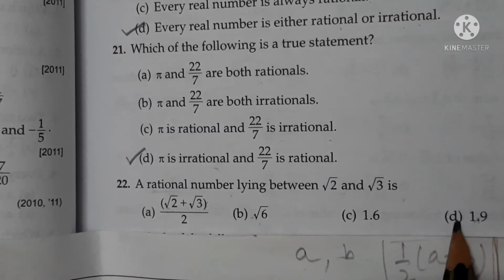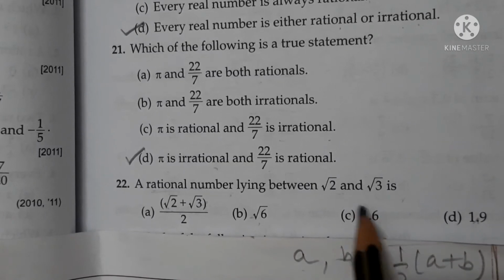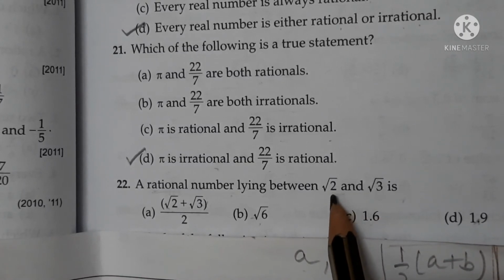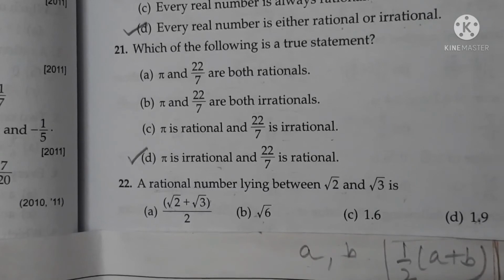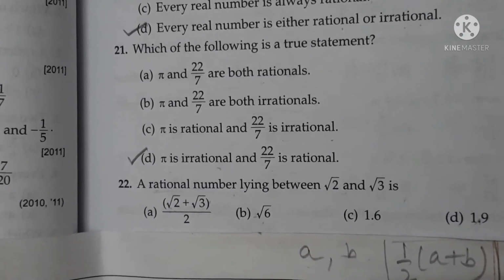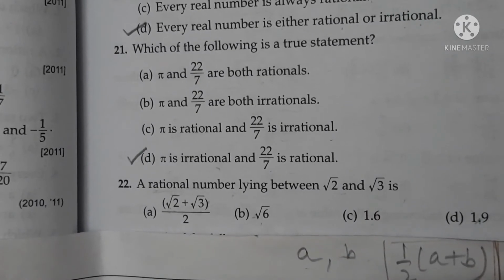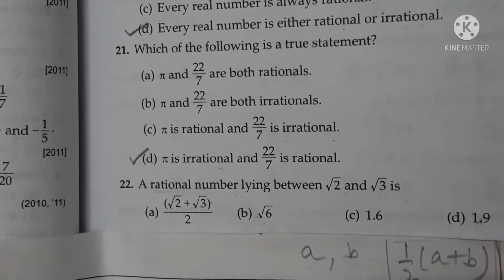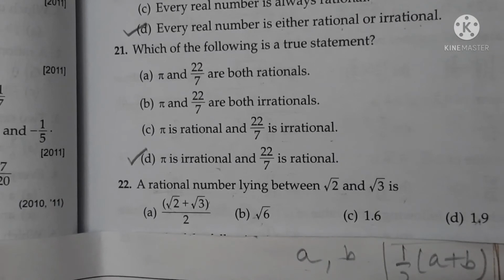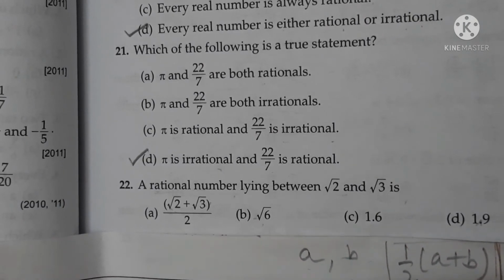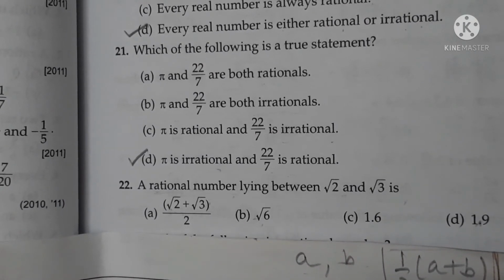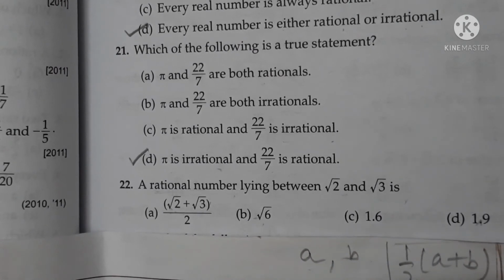In these two options, the value of under root 2 is approximately 1.4, and under root 3 is 1.7. So half of this, you will get half of 3.1.